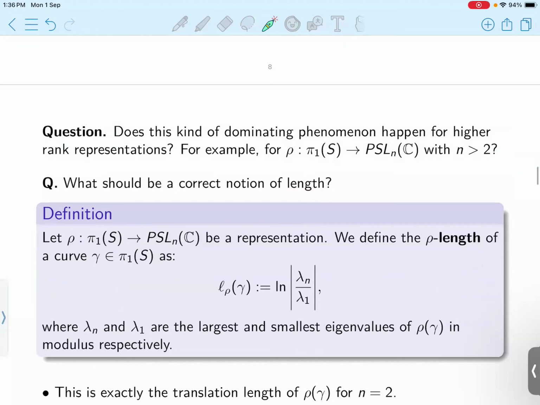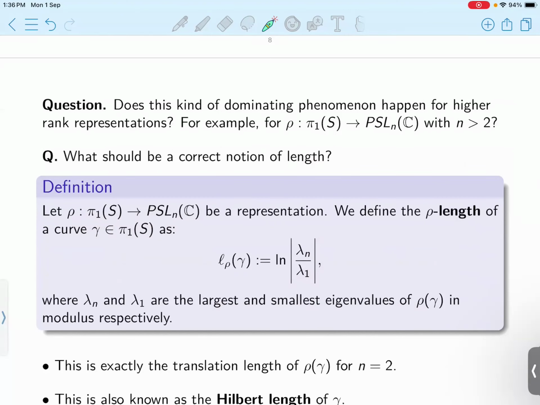For a representation rho from pi1 S to PSLnC, we define the rho length of a curve gamma in pi1 S to be log of |lambda_n| over |lambda_1|, where lambda_n and lambda_1 are the largest and smallest eigenvalues of rho gamma in modulus respectively.